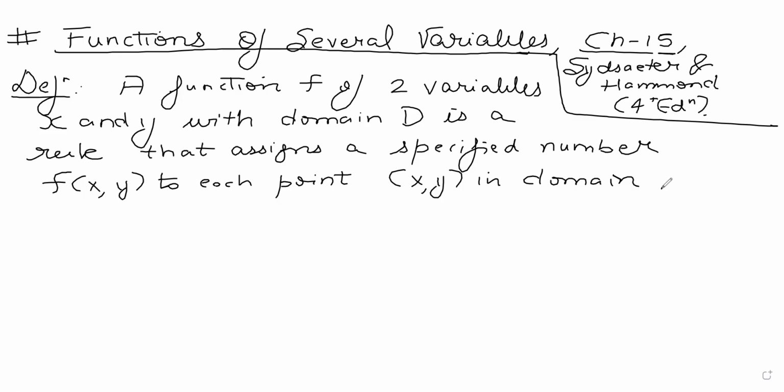Okay, so a function f of two variables x and y with domain capital D is a rule which will now assign a specified number f of x, y to each point (x, y) in the domain.